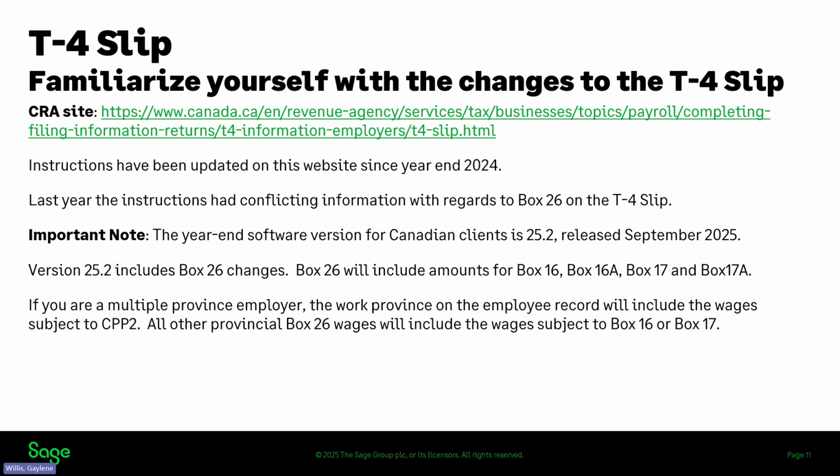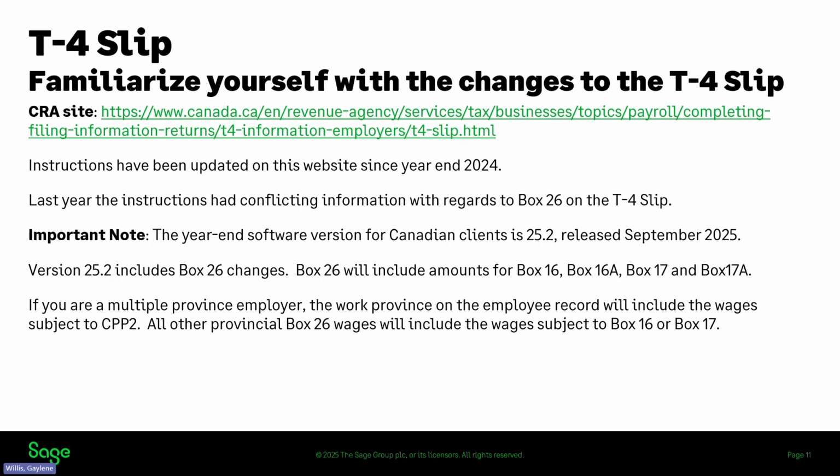So let's talk about the T4 a little bit. Last year, there was some conflicting information on the CRA website with regard to how Box 26 should pull information for the T4. On one set of instructions, they referenced only boxes 16 and 17.